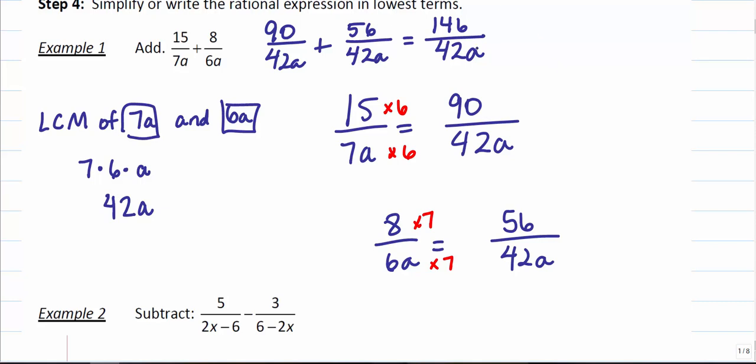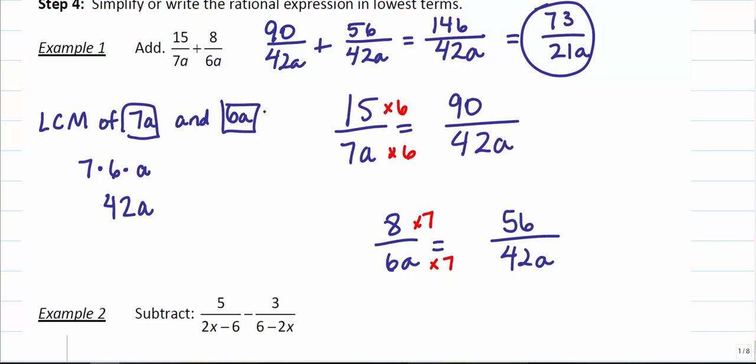And then, of course, I want to think about reducing. And so here, I can definitely cut the top in half. If I divide 146 by 2, I'm going to get 73 over, and when I divide 42 by 2, I get 21. So that would be my final answer.